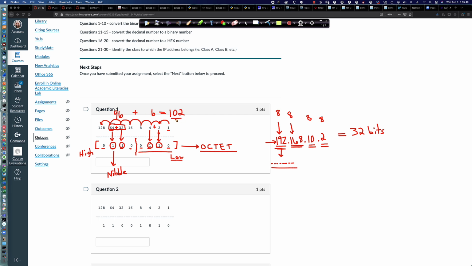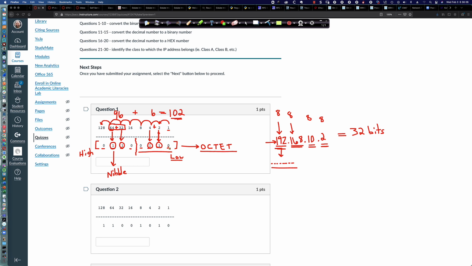So 102. Now, the binary bit positions down here don't always need to be next to each other. Any of these 8-bit positions can be on, and any of them can be off. In other words, any of them can be either a 0 or a 1. But in binary, they can only be a 0 or a 1.